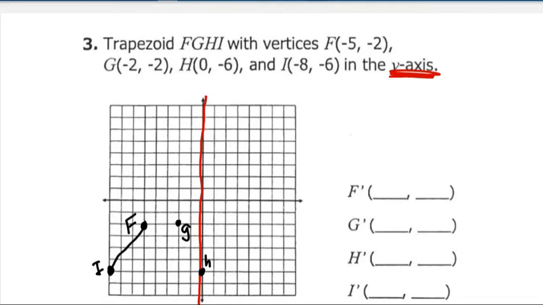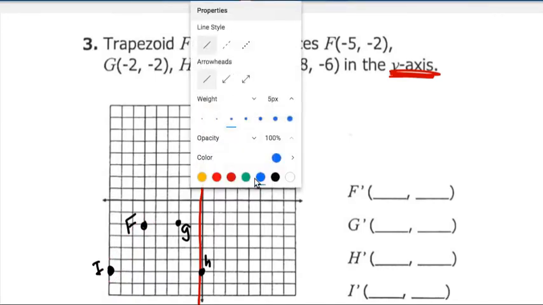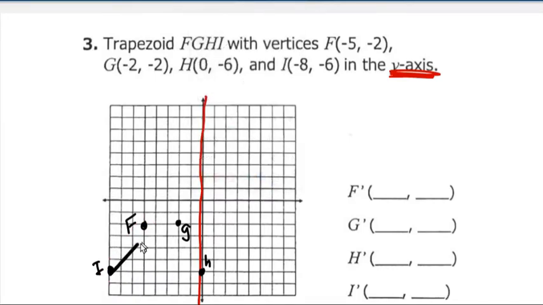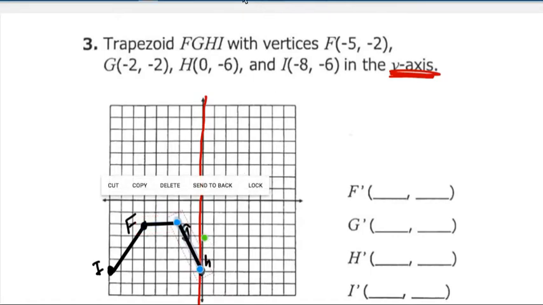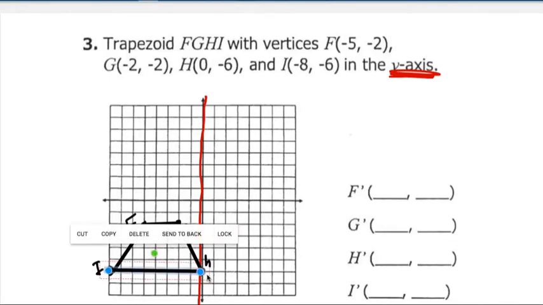Oh, that's horrible. Let me get my line. So connect our points, make our trapezoid. Definitely use a straight edge for this so that you don't have crazy squiggles like I had a second ago. All right.